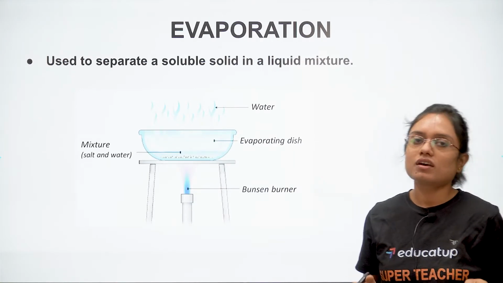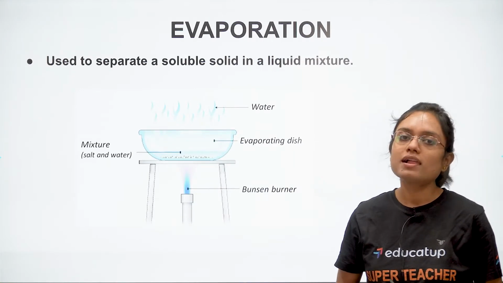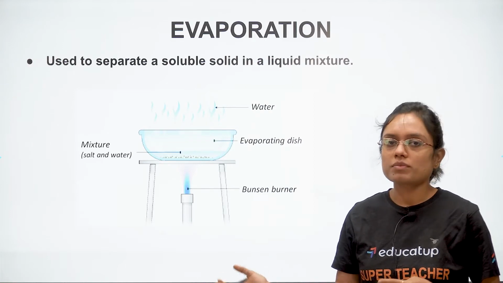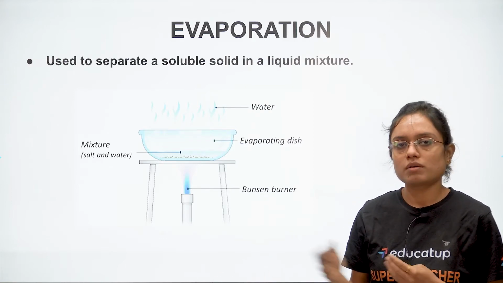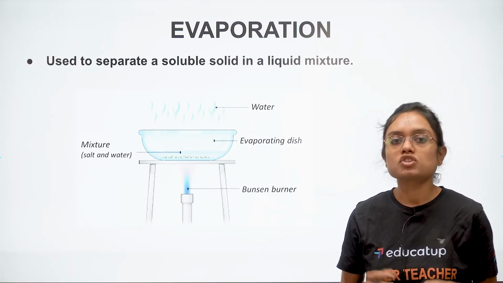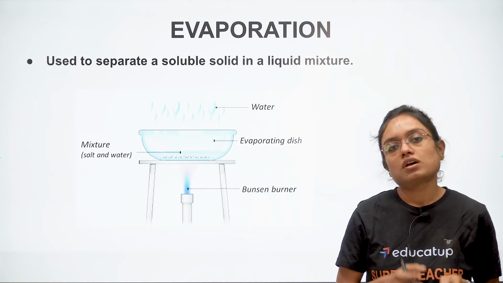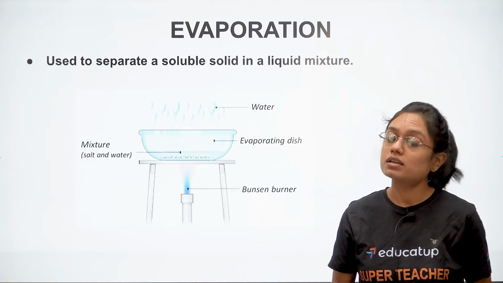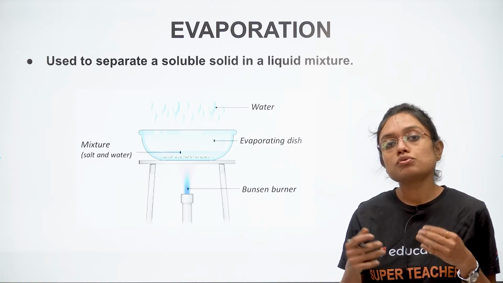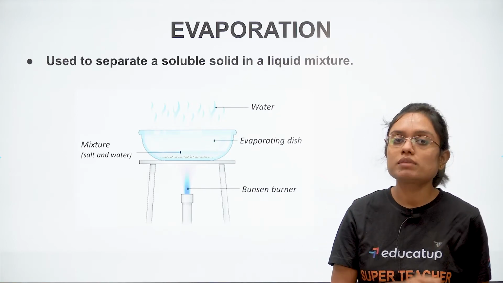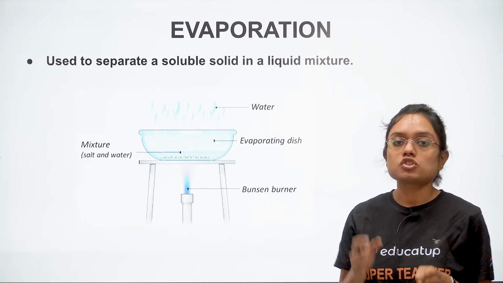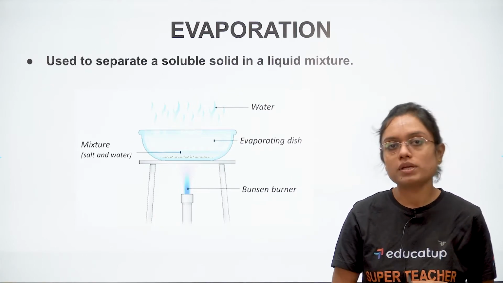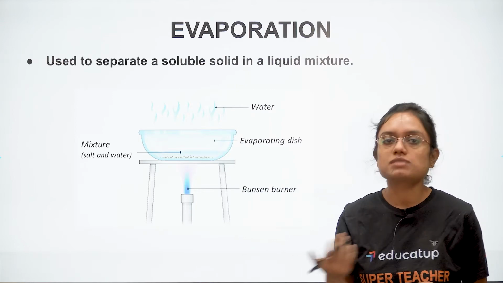Evaporation. A very familiar word for you all. You are studying it from your junior classes, from your past classes. So evaporation is something in which liquid water is converted to water vapor. And this method is used to separate a liquid mixture, that means a mixture in which one substance is liquid and the other can be a solid which has been dissolved.